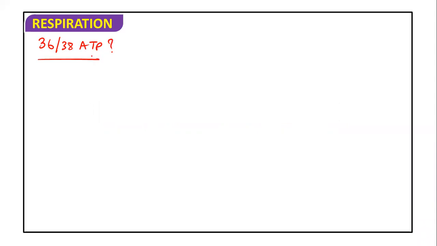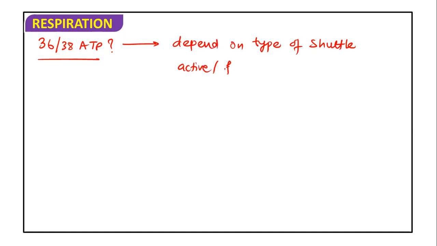Either 36 or 38 ATP is going to be produced, and that depends on the type of shuttle active or functional in the cell.